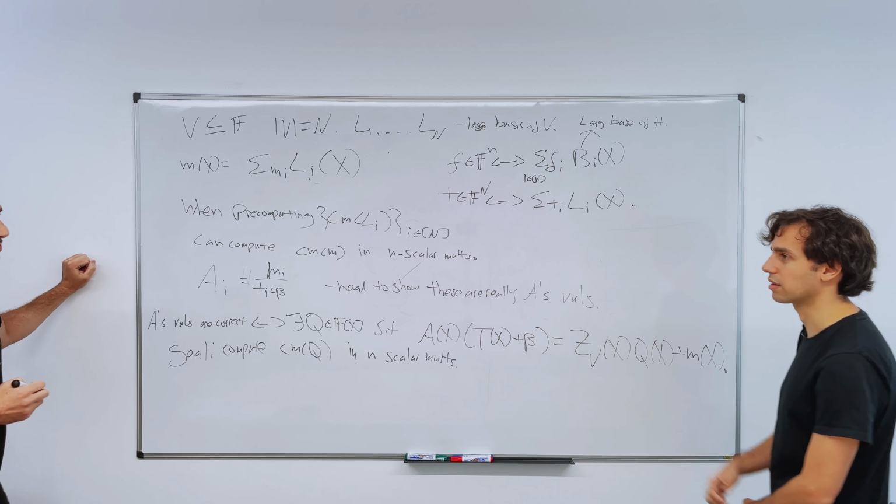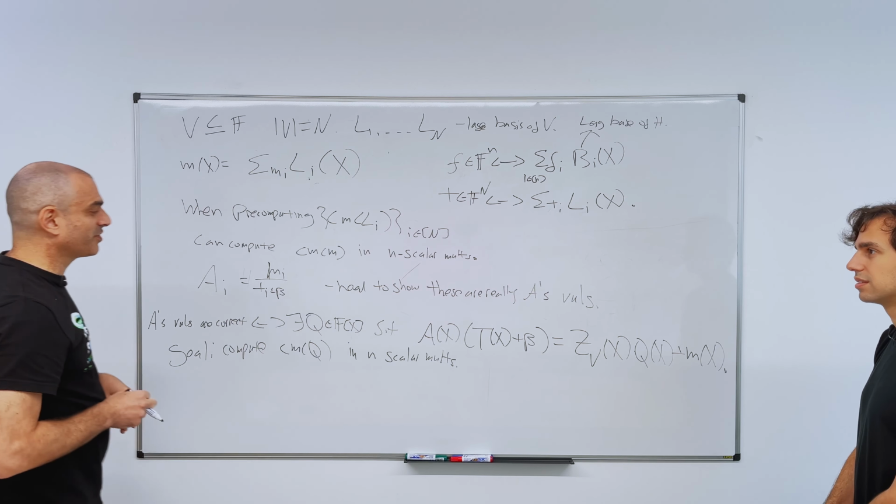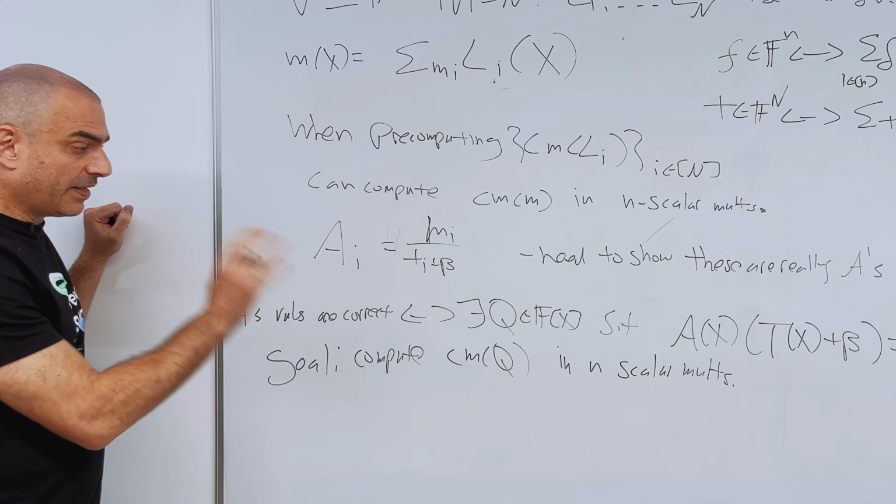If you just look at the degrees here, this is of degree big N, or this is of degree big N, N minus 1. So the degrees here are all big N. But another point is, is it going to be enough to compute just the commitment to Q?